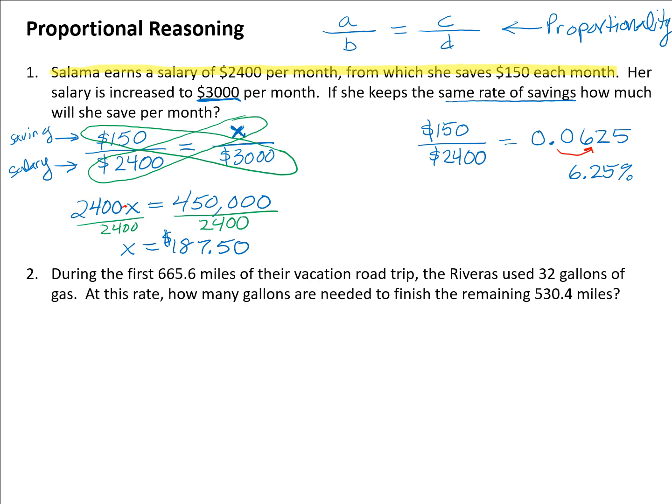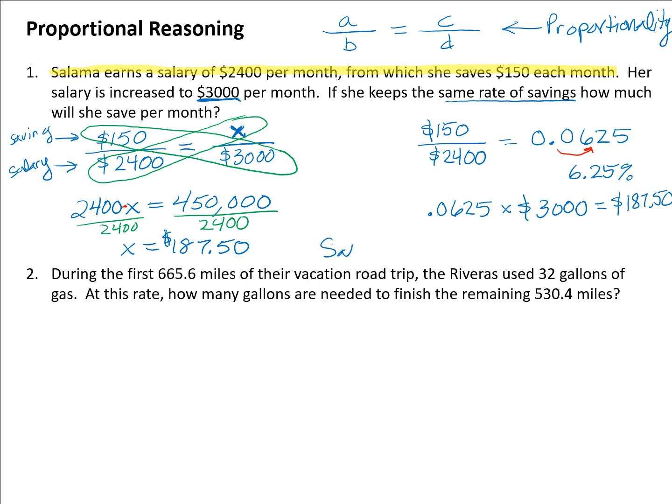So if we want to have that consistent rate going, all we have to do is multiply this current rate to her new salary, 3,000, and we will get how much she needs to save out of that 3,000. So 0.0625 times 3,000 gives me exactly the same savings of 187.50.